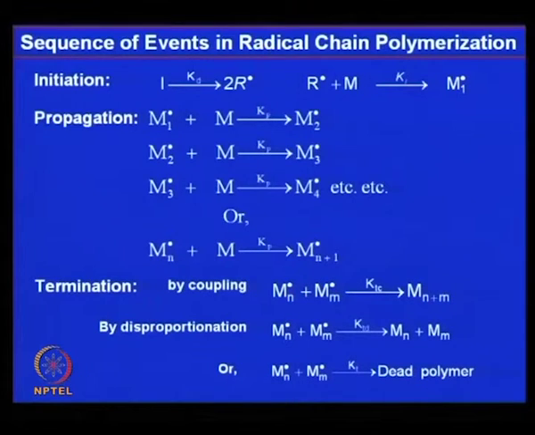Now, let us see the sequence of events that occurs in radical chain polymerization. Again, we must say some steps can be identified as initiation, propagation, termination of polymer growth.